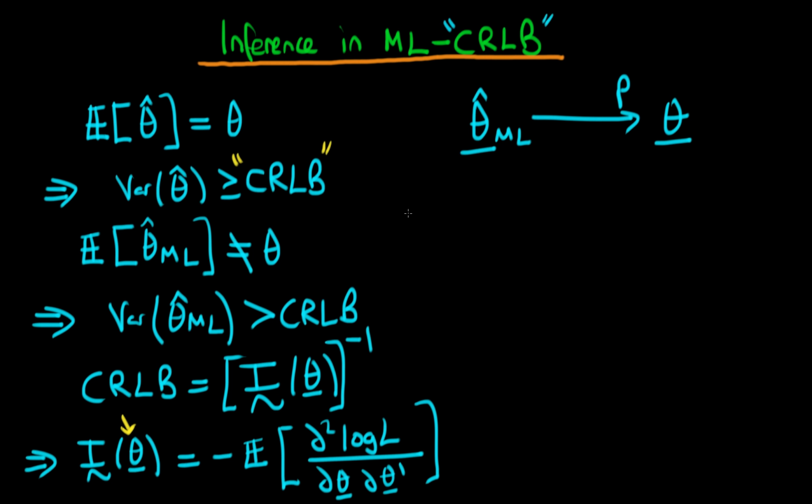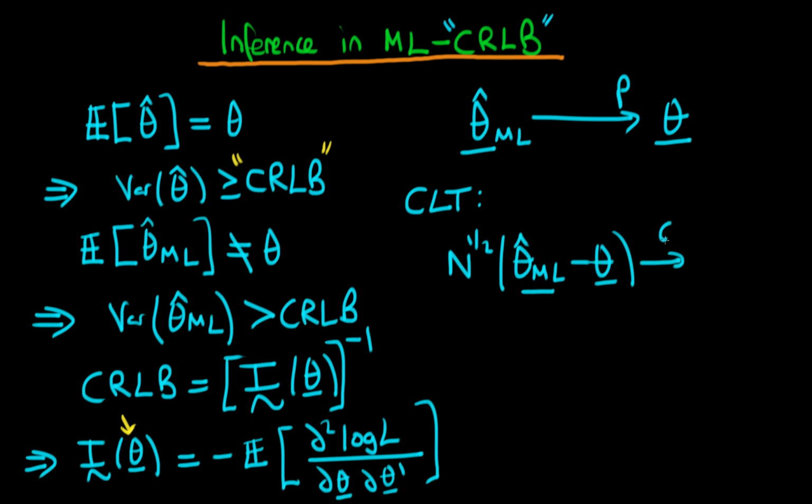Because of this, we can invoke the central limit theorem, which says that the sample size to the power half times our estimator for the parameter vector, theta hat ml minus theta, is going to tend in distribution to a normal, centered around 0, so it's asymptotically unbiased, with some variance which I'm going to call h of theta.